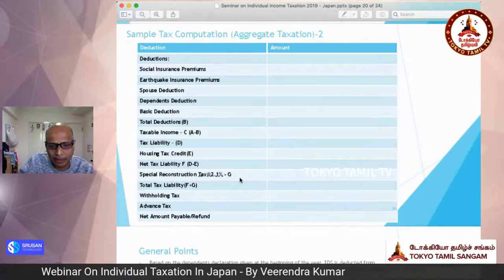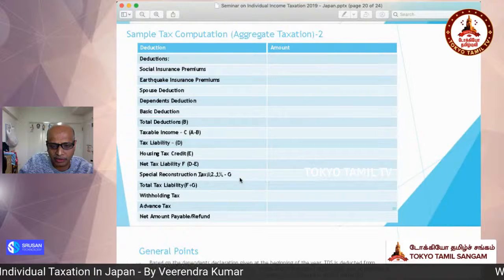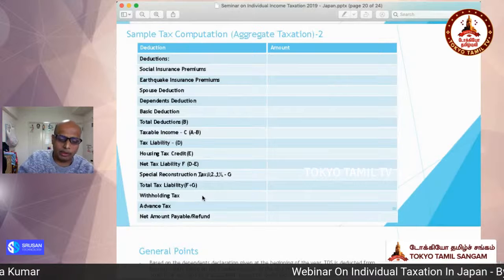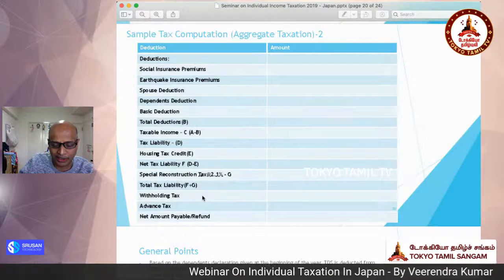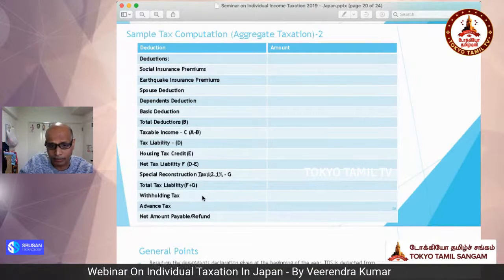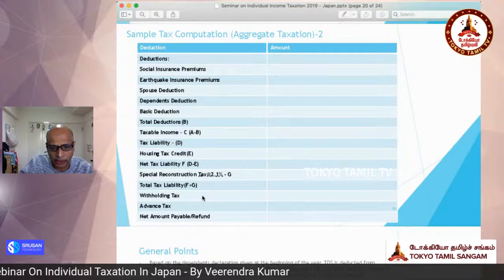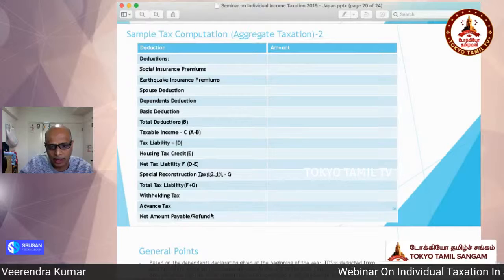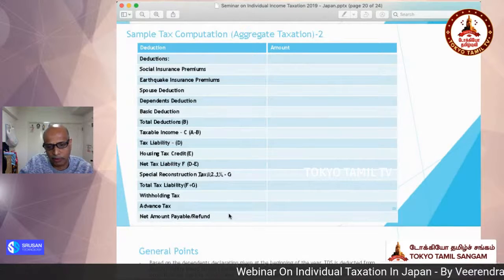This net tax liability plus special reconstruction tax will be your total tax liability. That will be compared with your withholding tax, either from your salary or other payments when it was deducted. And if you paid some advance tax, that also will be deducted, and the net will be the payable or the refund.